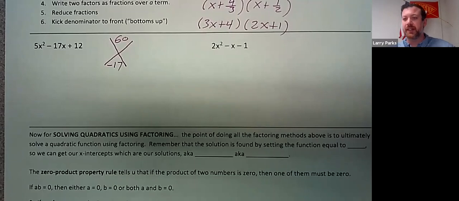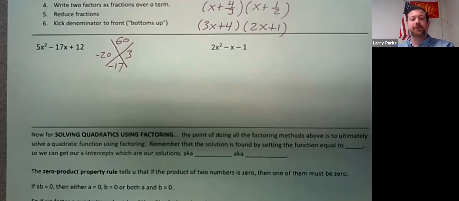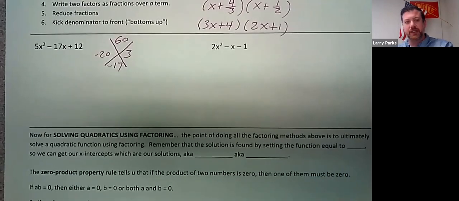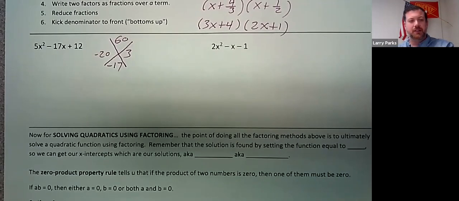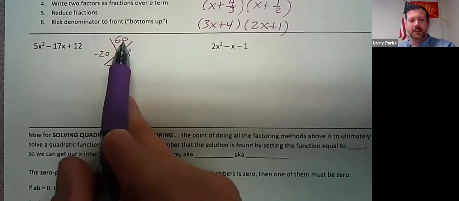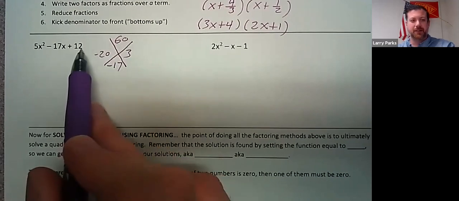Negative 20 and 3. So negative 20 times 3. Oh, well, that's not going to work, because negative 20 times 3 is negative 60. We want positive 60.